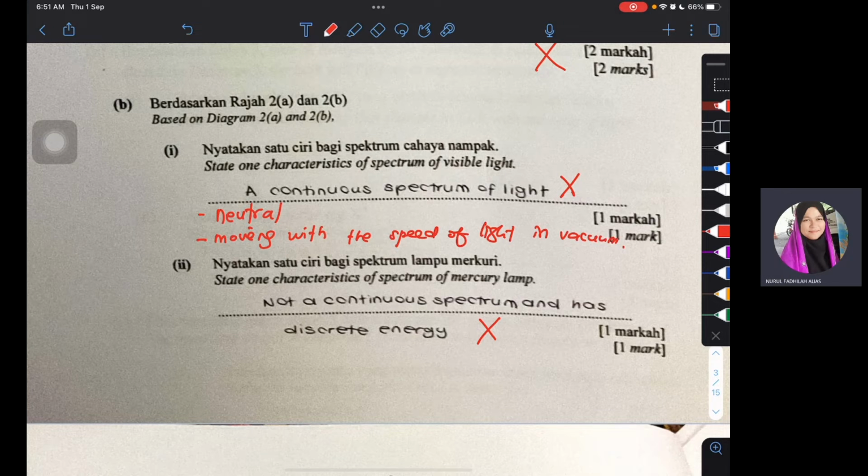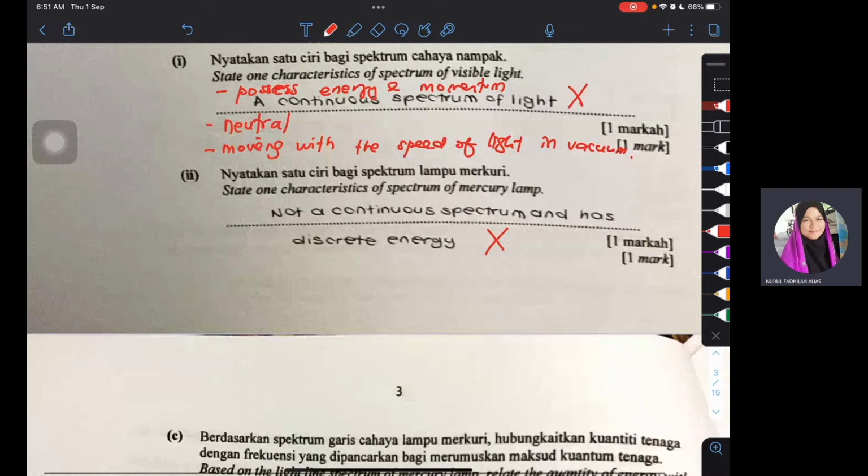So this is the characteristic of electromagnetic waves, visible light. And each spectrum possesses energy and momentum. What about spectrum of mercury lamp?